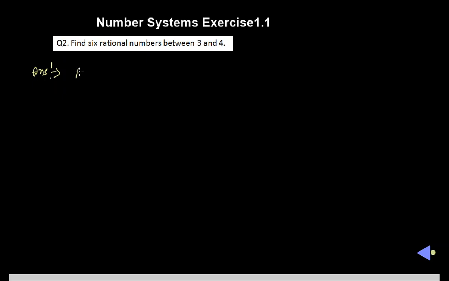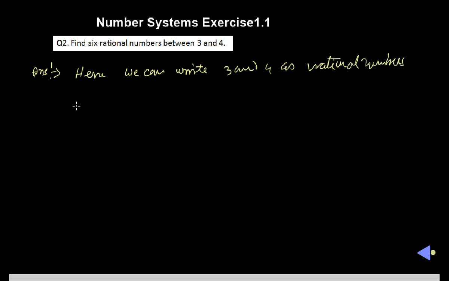Here we can write 3 and 4 as rational numbers with denominators as 6 plus 1 equal to 7.